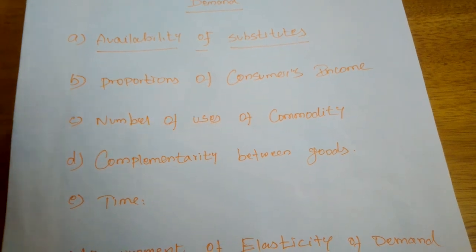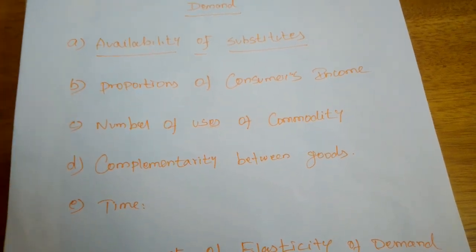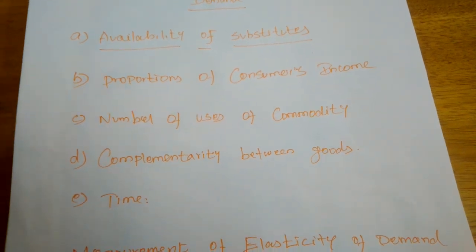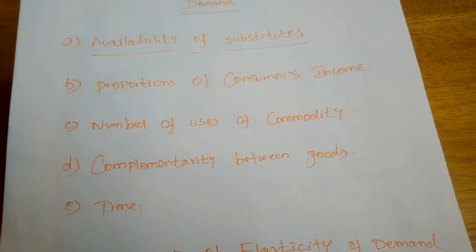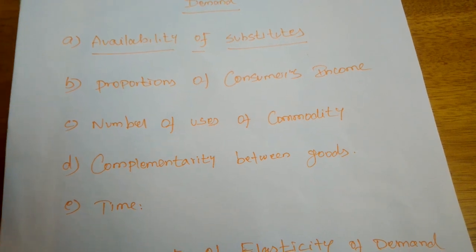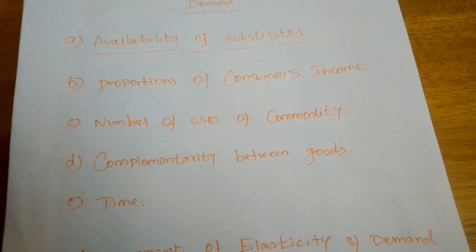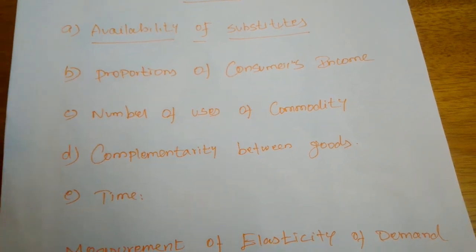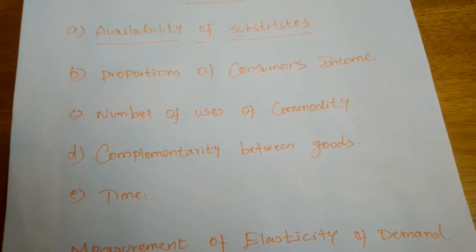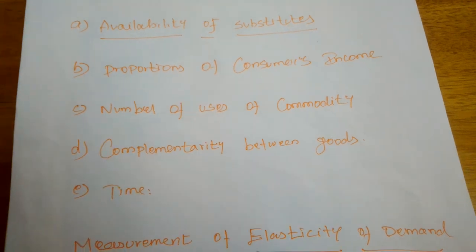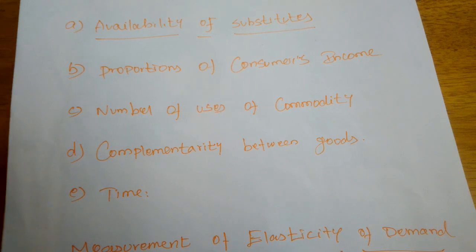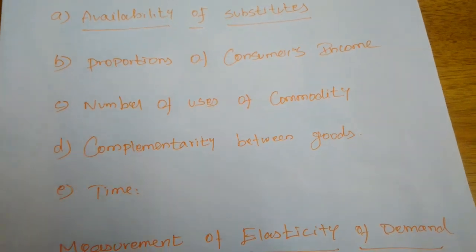For example, if the petrol price is not increased but the price of oil is increased, the demand for that oil will never decrease, because we must have it. So the price elasticity of demand for oil will also be inelastic.